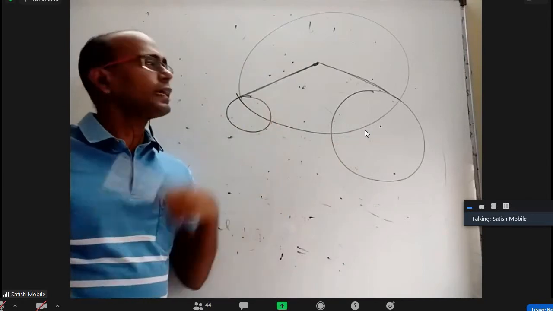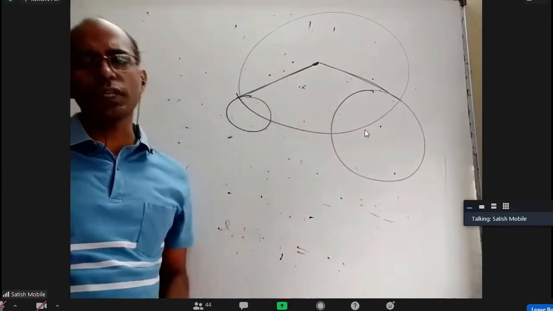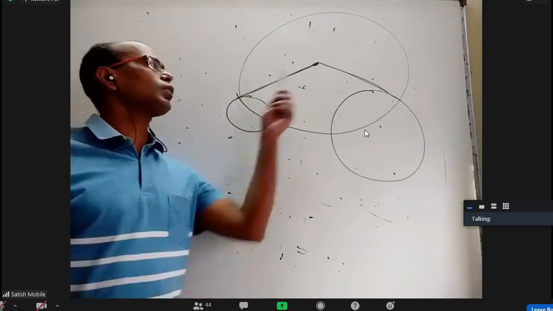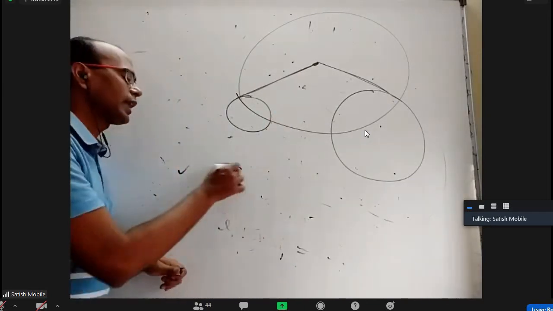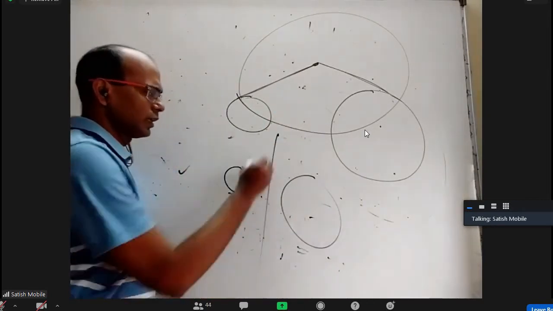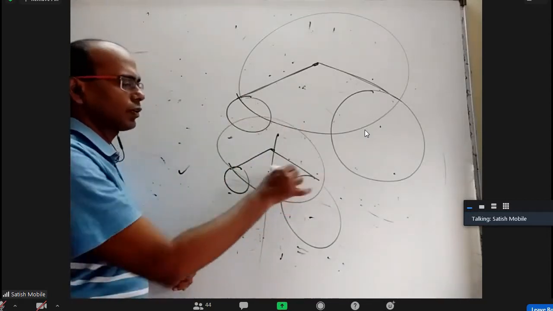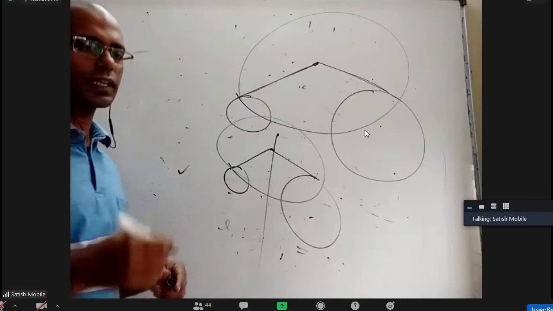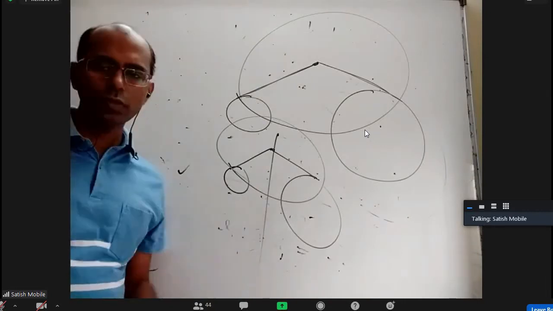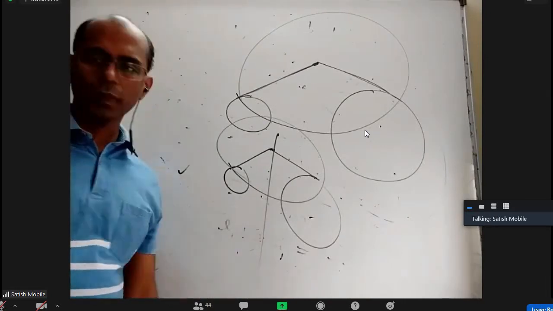They should be equal. And from an external point, if lengths of tangent to both circles are equal, powers are equal, the locus of that point is the radical axis. So you take any point on the radical axis, from there the two lengths of tangents are equal. If you take that as a radius and draw a circle with this as center, that circle definitely will intersect these two orthogonally. Okay.